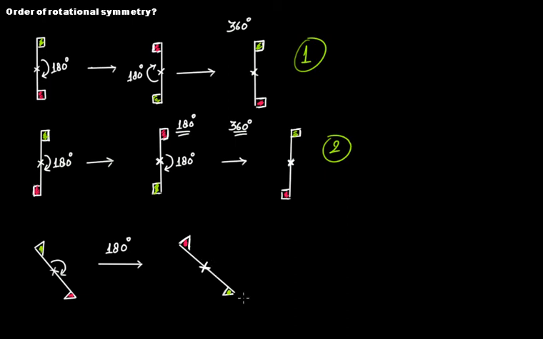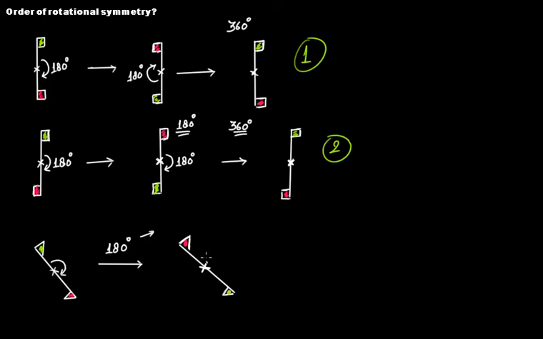Now tell me, is this figure exactly the same? Yes. This outer portion is facing towards the left only, and this one's towards the right. And this figure also is facing towards the left and the right, so exactly the same. So at 180 degrees, you have a rotational symmetry.